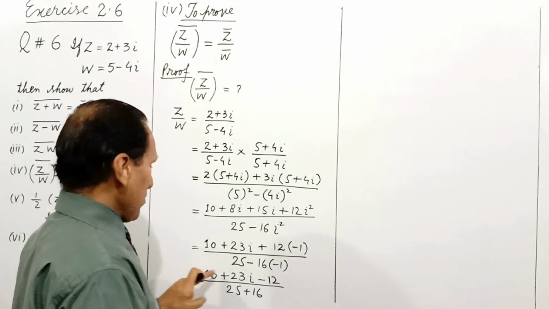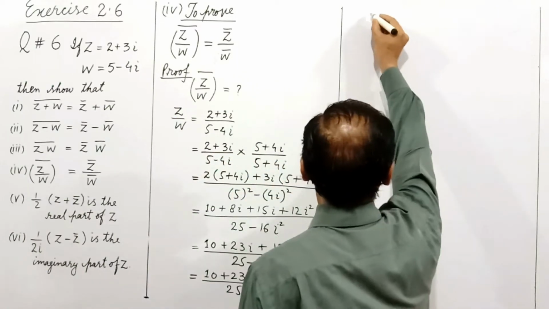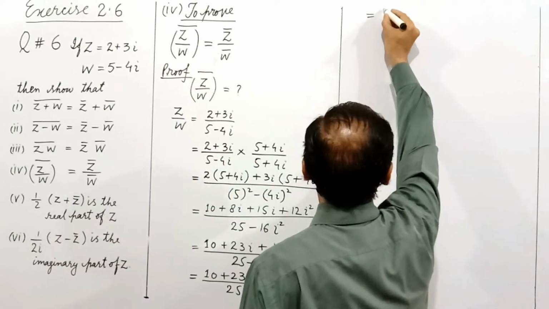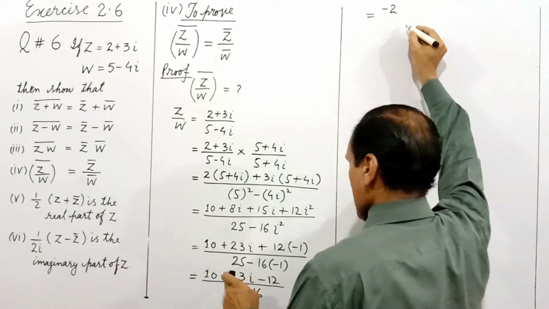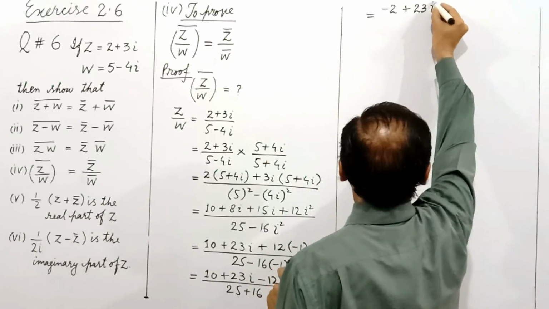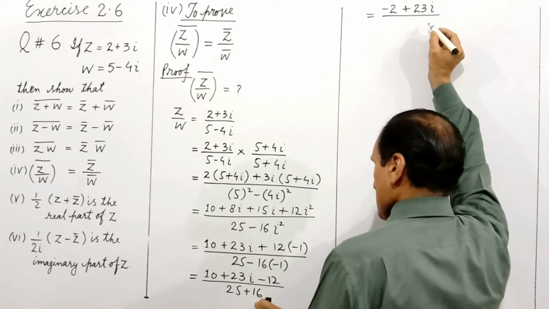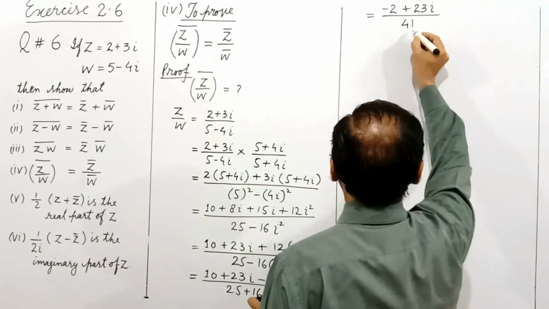In the next step, 10 minus 12 will become minus 2 plus 23 iota, and in the denominator we have 25 plus 16, that is 41.